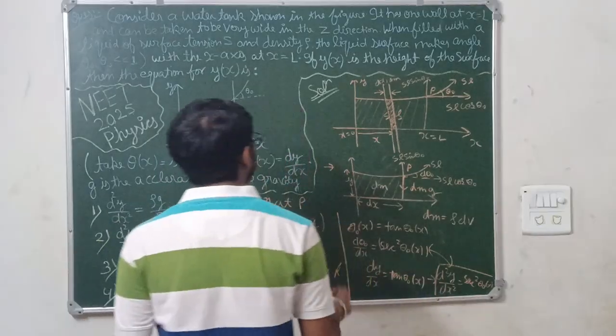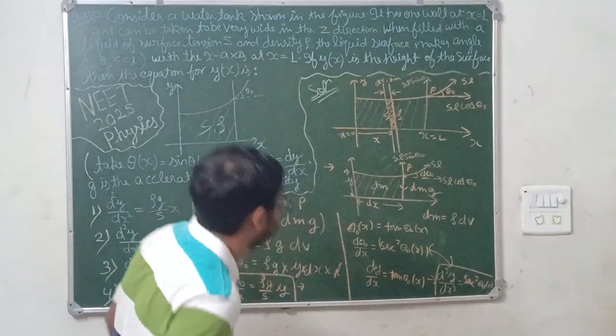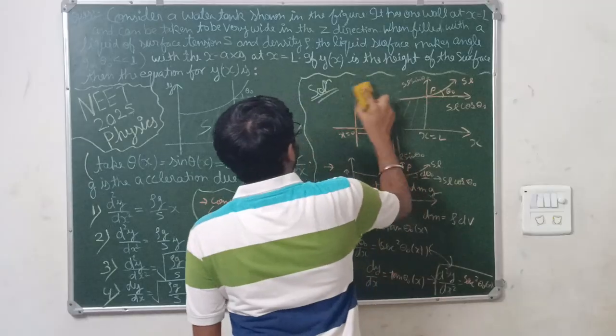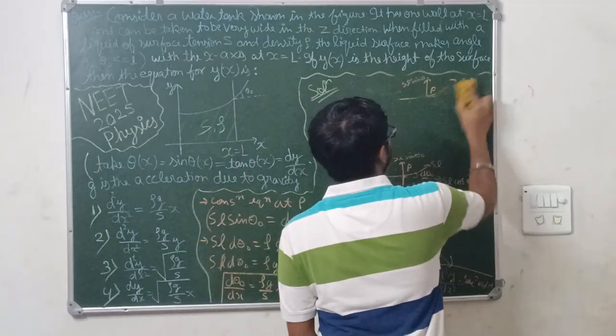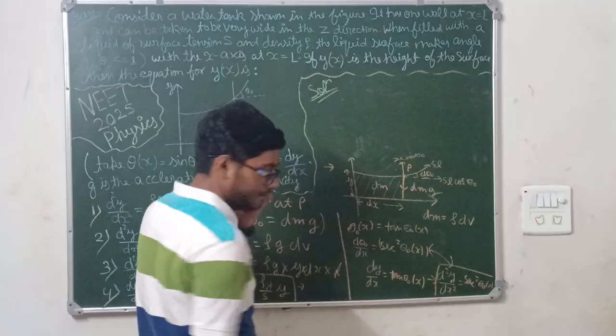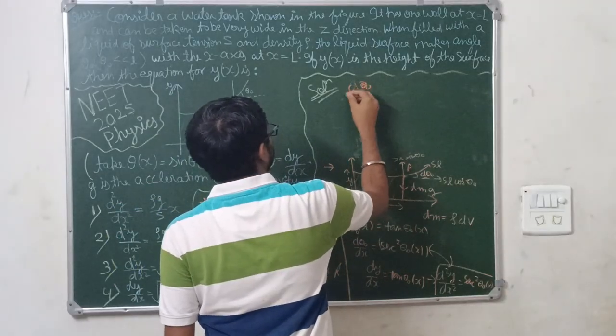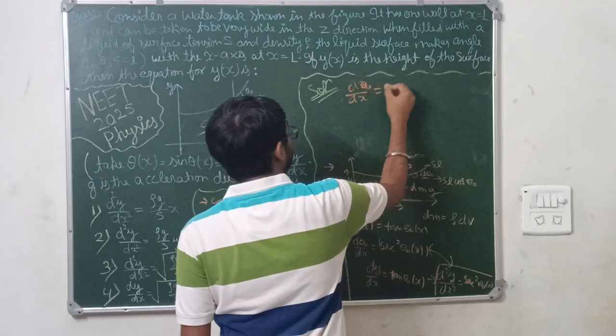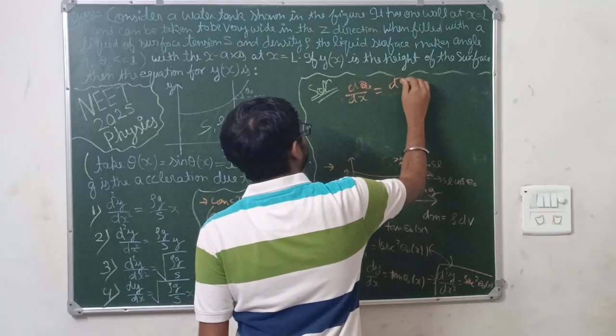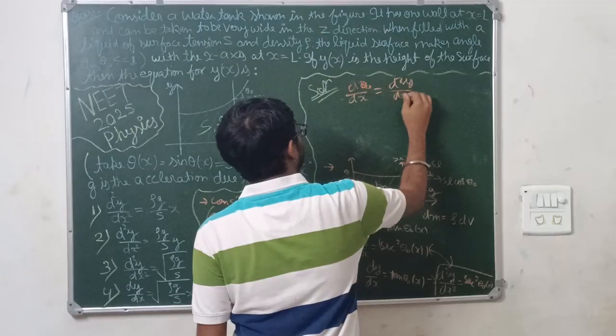So the final answer would be what? See, d theta naught upon dx is equal to d square y upon dx square.